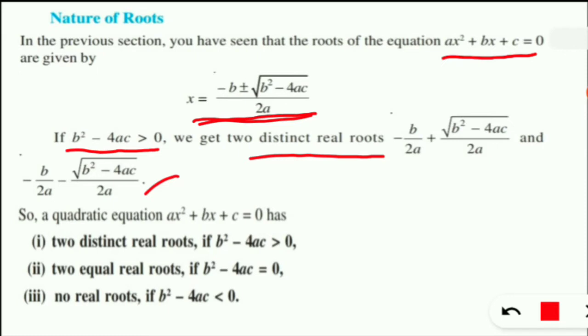Clear? So if discriminant b square minus 4ac is greater than 0, then we get two distinct real roots. Clear?